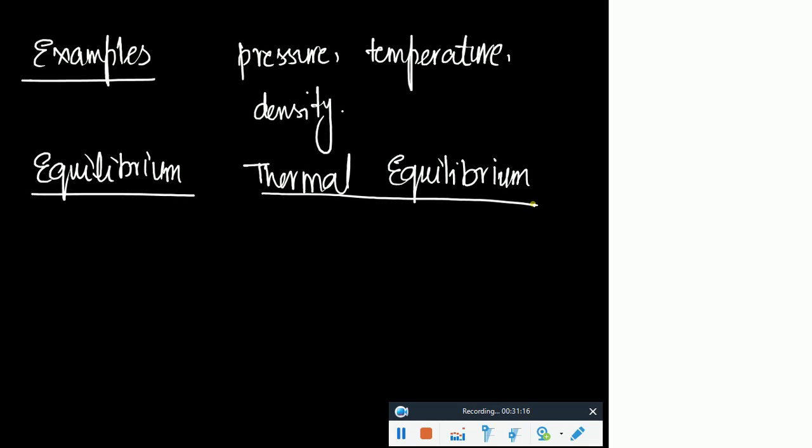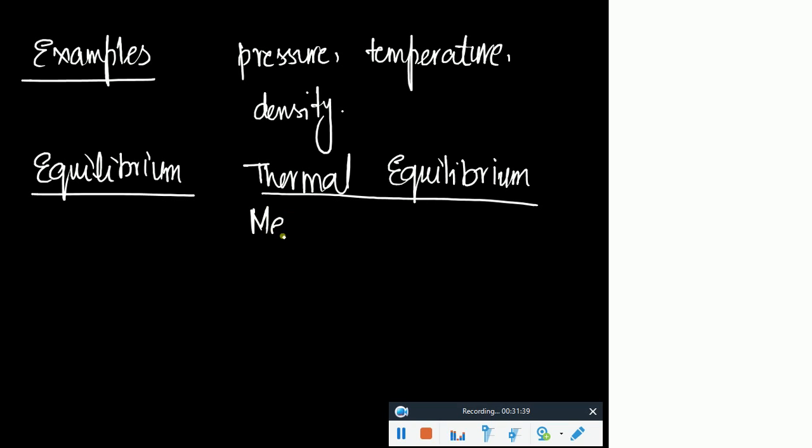It's a non-equilibrium process. Why? Because it would happen till the time your bodies come to a thermal equilibrium, right? So thermal equilibrium is when you do not allow any kind of heat transfer from one object to the other.